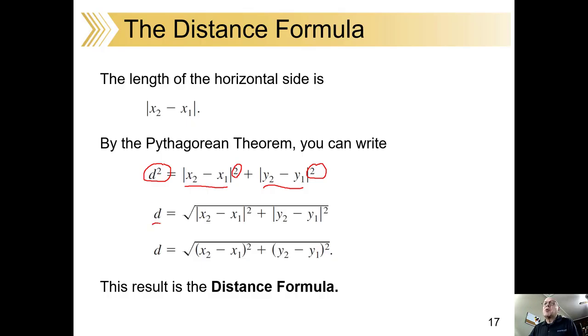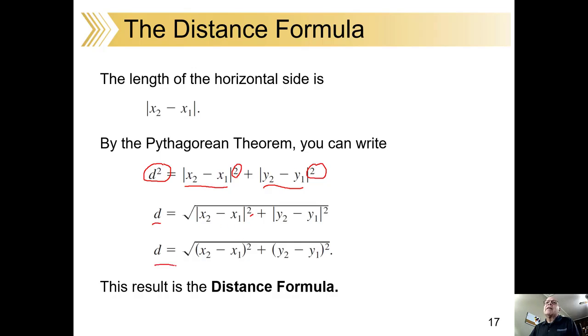We don't care about d squared really, except that it gives us d. Second, it really wasn't necessary for us in this distance formula to actually take the absolute value because we're squaring it anyway. We're not going to end up with something negative if we square it. So the squaring is going to take care of any negative values we might have here.